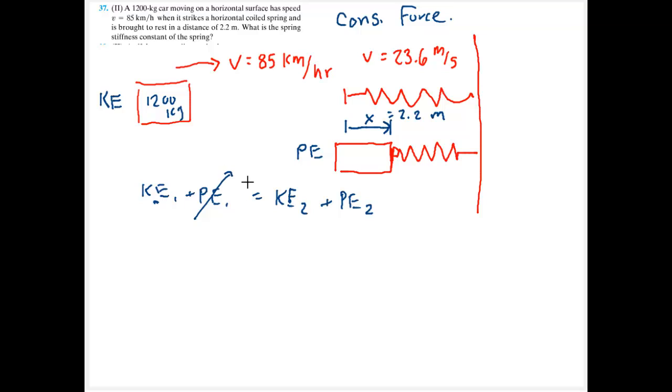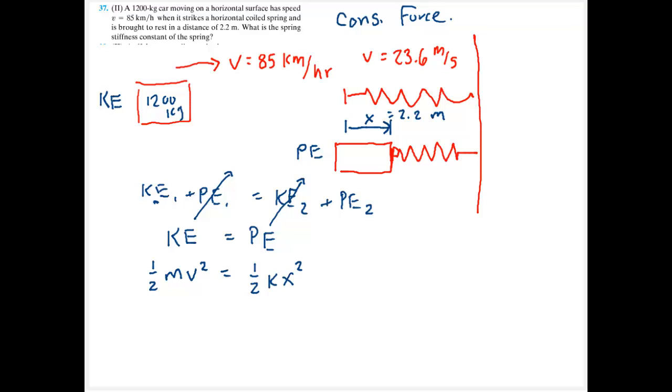Initially I had no potential energy, and at the end of the day it's brought to a rest, so I have no kinetic energy. So what I'm left with is my kinetic energy initially of the car must be equal to my potential energy of the spring. So 1/2 m v squared is equal to 1/2 k x squared.